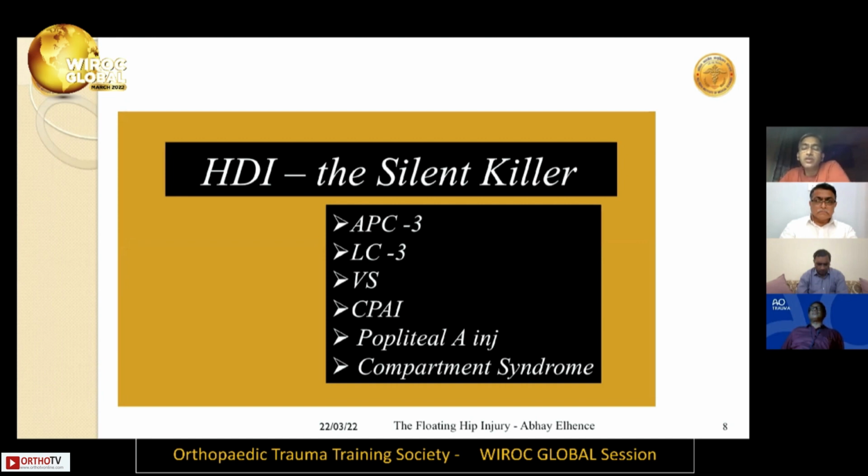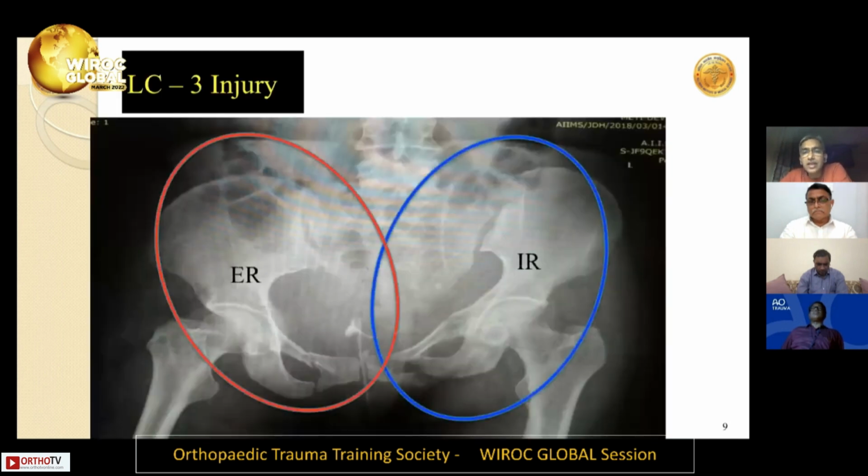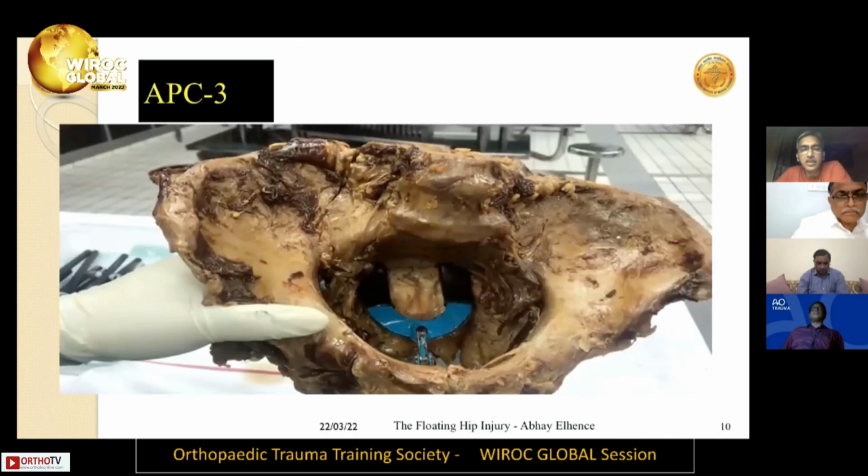So when Ranjan talks about a missed compartment syndrome, it's very, very important, because very often we may have an artery going into a spasm, but also we may have an internal artery, popliteal artery injury associated with these injuries. So that's an LC3 injury, where you have a force which is coming down from one side, which internally rotates the hemipelvis on one side and externally rotates on the other side.